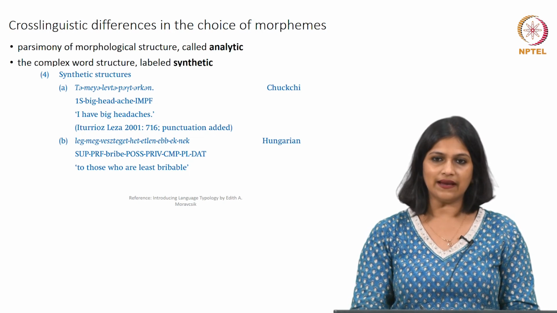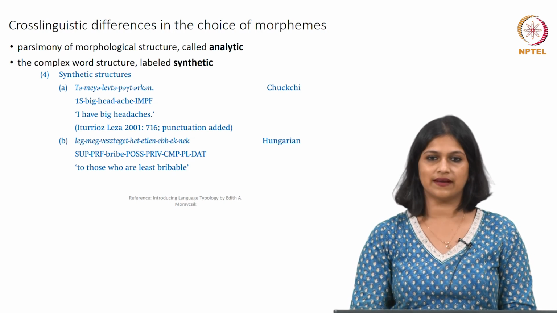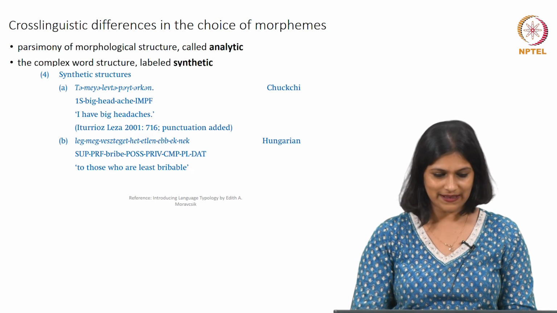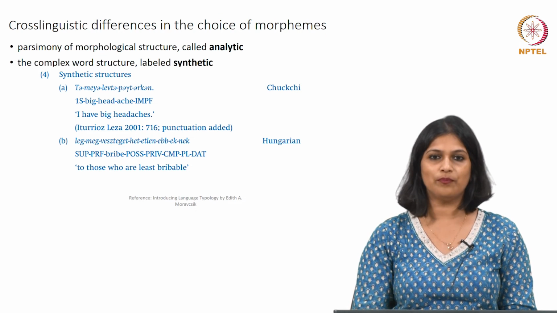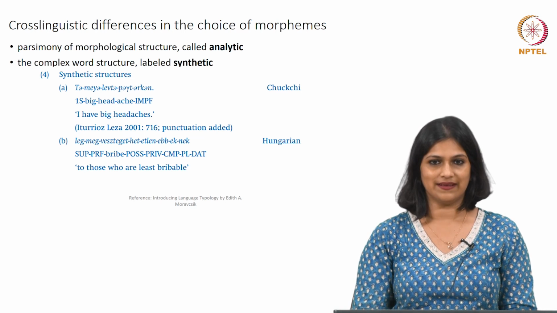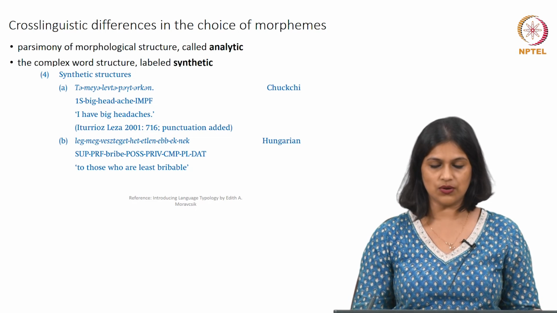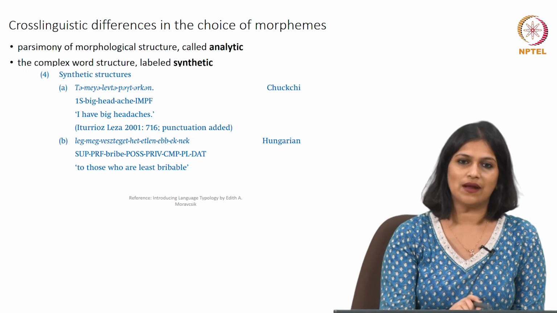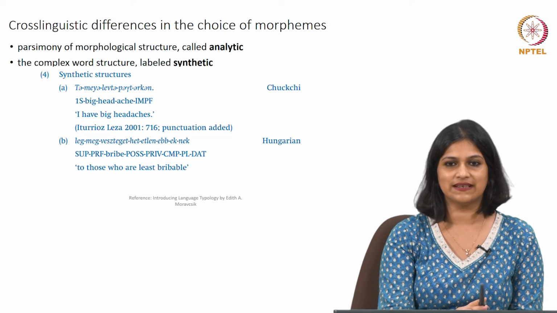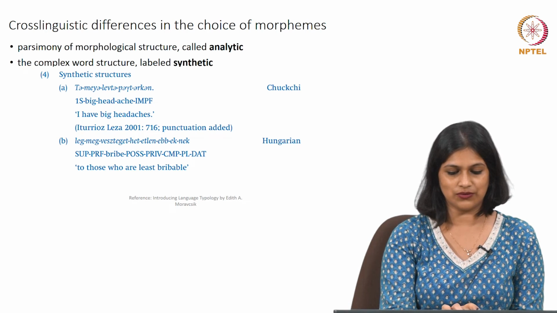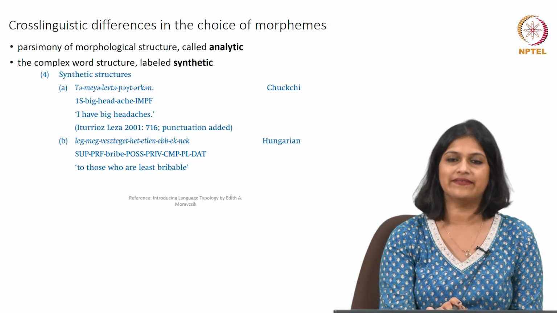And in Hungarian also we see a similar kind of function happening. The example given in 4b, to those who are least bribeable. This phrase is not really a sentence, but count the number of morphemes that it has, 1, 2, 3, 4, 5, 6, 7, 8.